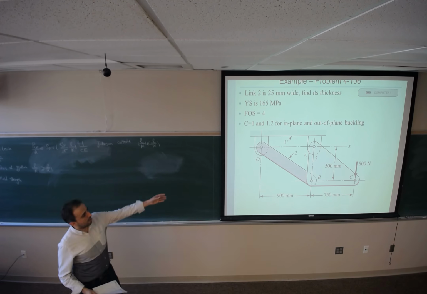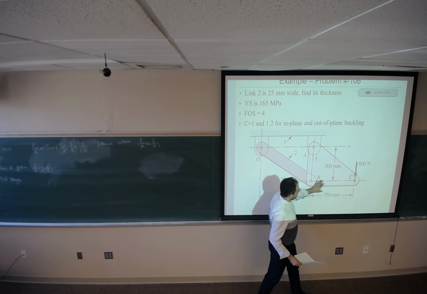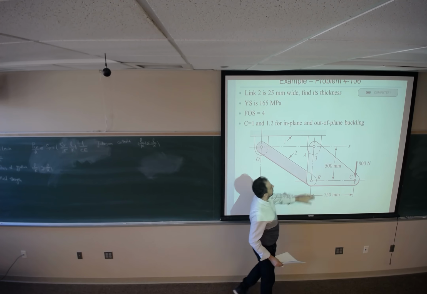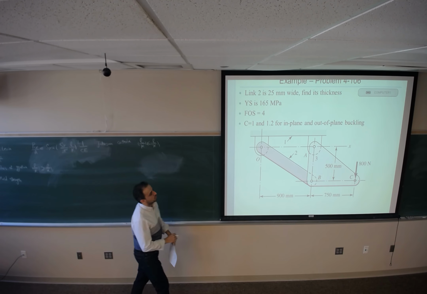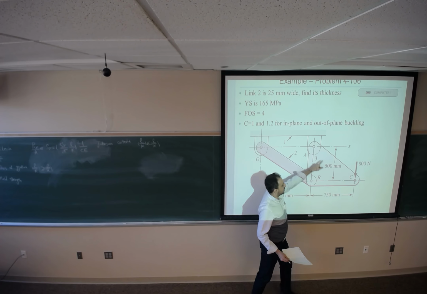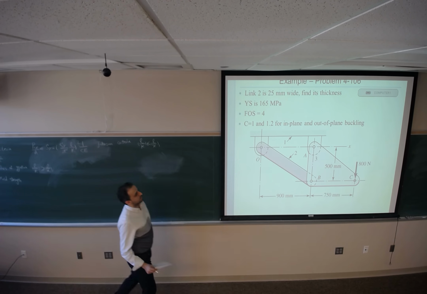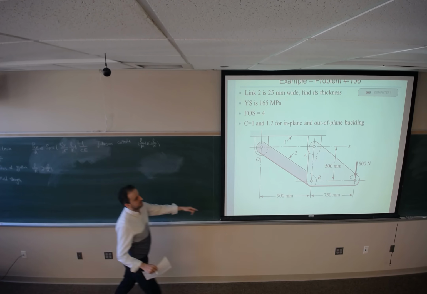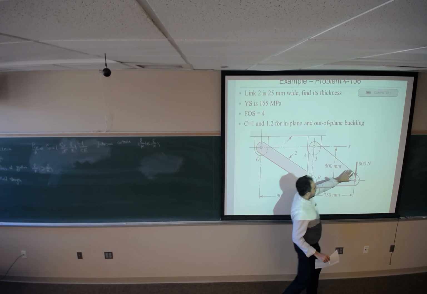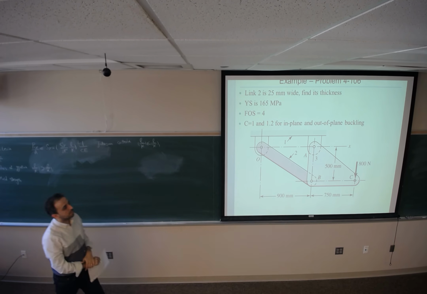So we have this bar which has been connected to this link. Through this point B is a pin, another pin, point C, and there is another pin at point O. So one force applied here, 800 Newton. So this is the total load applied to this system.